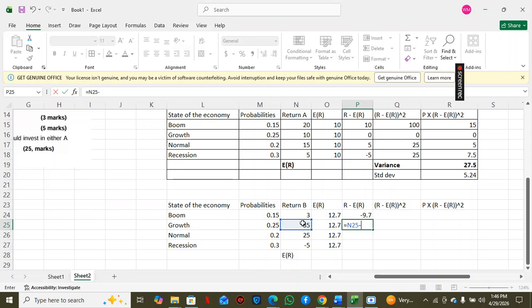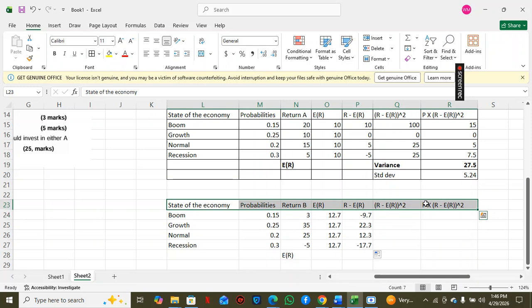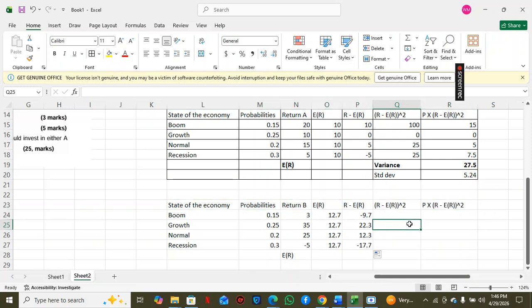Each return you subtract it from the average, because the deviation is just saying how far each return is from the average. After you get the deviations, you square them. You square each deviation.